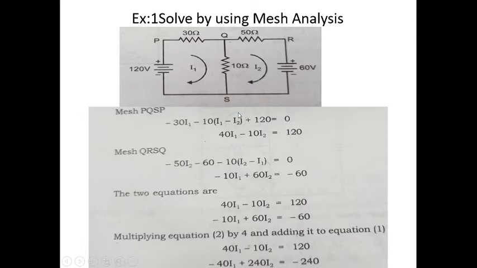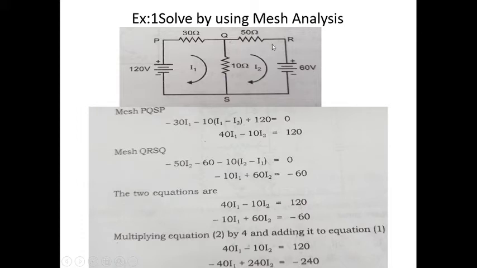Then we can see the second mesh equation. Again minus 50 into I2, same loop current, then minus 10 into I2 minus I1 you have to take.